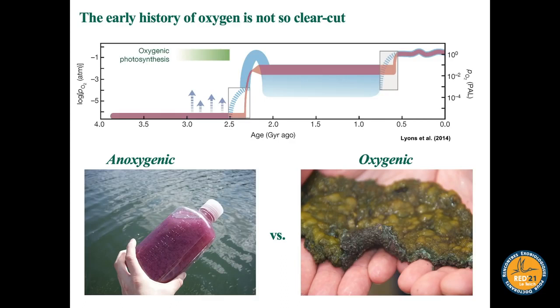Now, sadly, it gets even more complicated because not all photosynthesis is the same. We are most familiar with what we've been talking about, oxygenic photosynthesis, the type that oxidizes oxygen in water to O2 using energy from the sun. But this is actually a very sophisticated form of photosynthesis, and there exist more primitive forms, what we call anoxygenic photosynthesis.